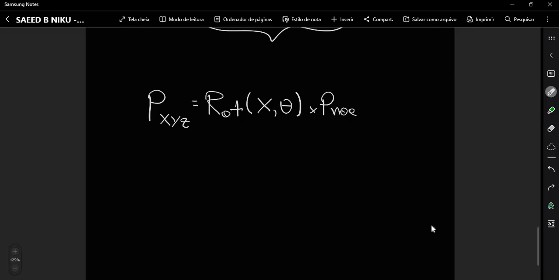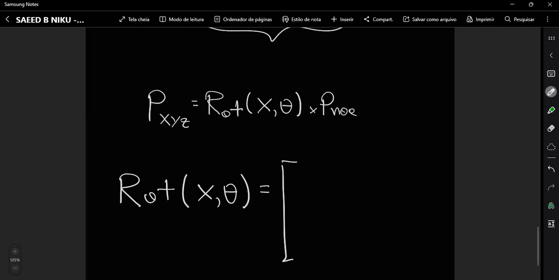And we've got another notation, not to find the point, but to represent this characteristic matrix. When we are representing a rotation movement above the axis x, and this rotation movement will produce an angle theta, now you know why these values.